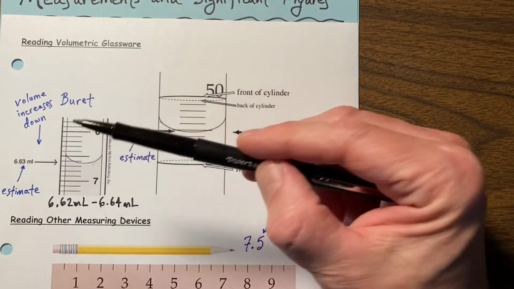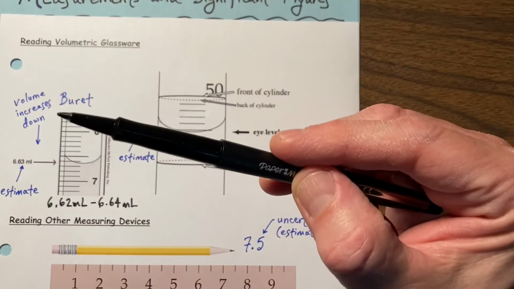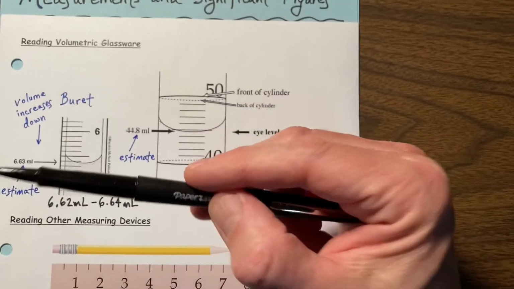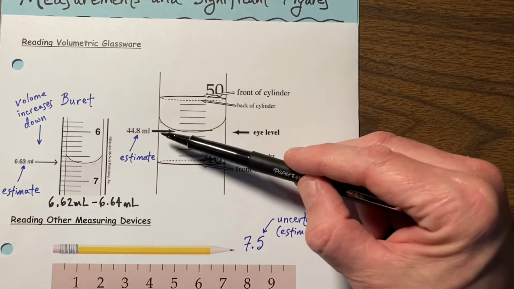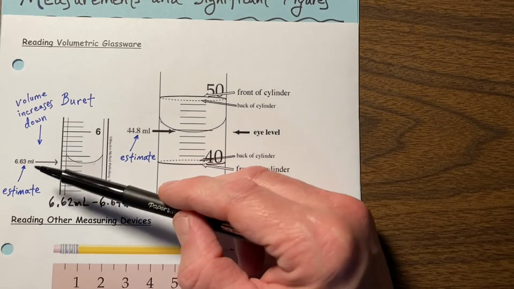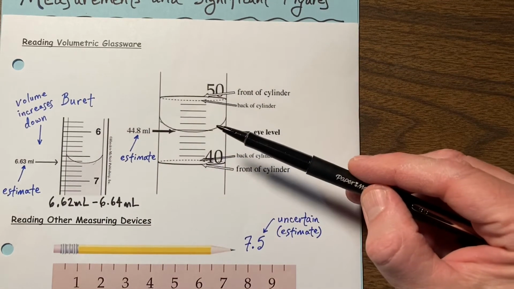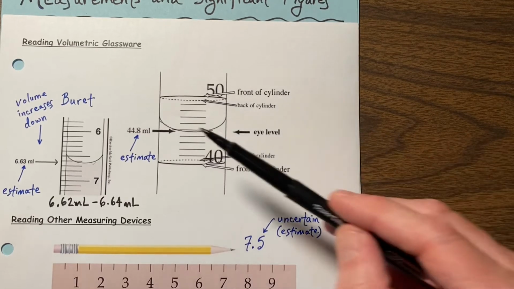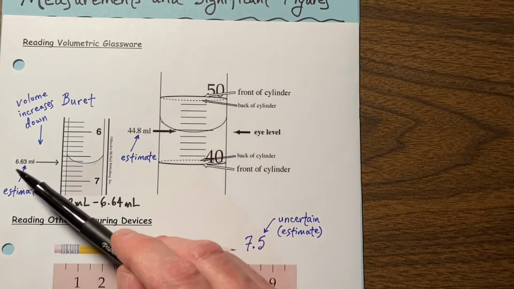So I can estimate to the hundredths, the second decimal place, of a milliliter. So that's why this has more decimal places than this. So we say the burette is a more precise piece of glassware than a 50 milliliter graduated cylinder. But I still get 3 sig figs in this measurement as I do here.